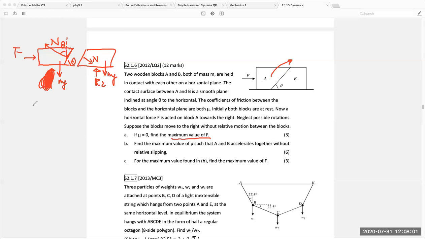So you can see N cosine theta equals mg, and N sine theta will equal ma, and F equals ma. See if you have any question on these equations.